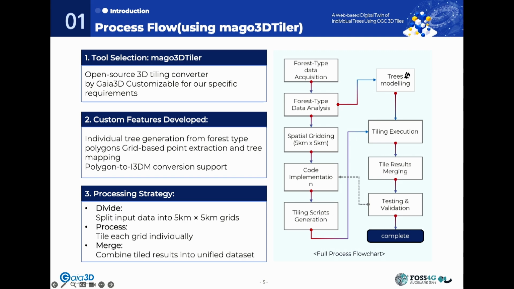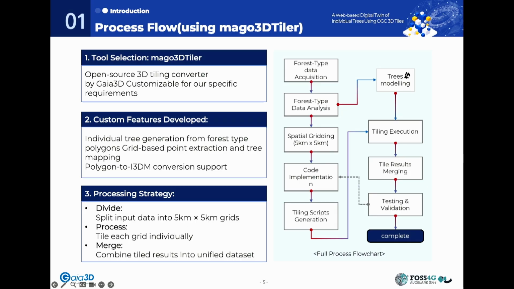Second, the ability to divide polygon-based forest type maps into grids, extract points, and assign them to individual trees. Since Mago 3D Tiler did not originally support converting polygon data into I3DM format, we developed this feature ourselves while moving forward with this project.